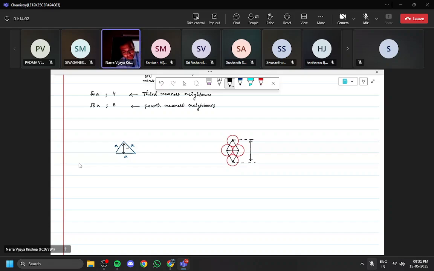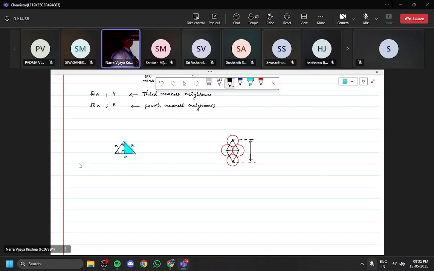I will do one thing. Can I call this an equilateral triangle? Sorry, right angle triangle. Can I call this a right angle triangle or not? Right? Then what is this angle? 45. Right angle triangle, man. This is 90, means this is 45. This is also 45, right? Correct or not?